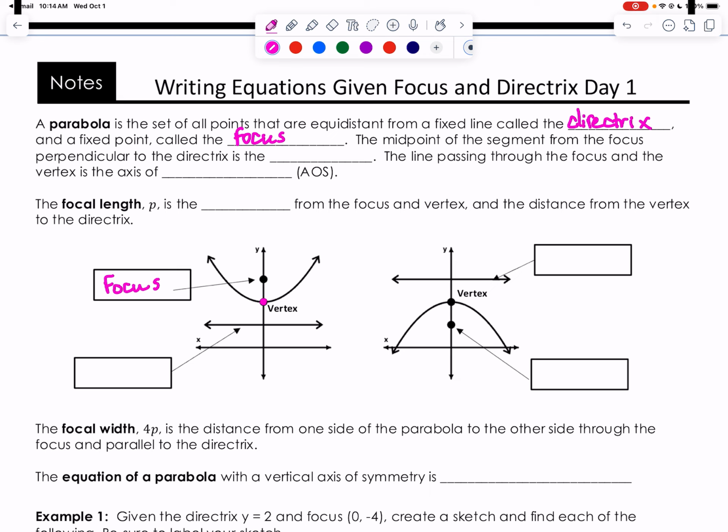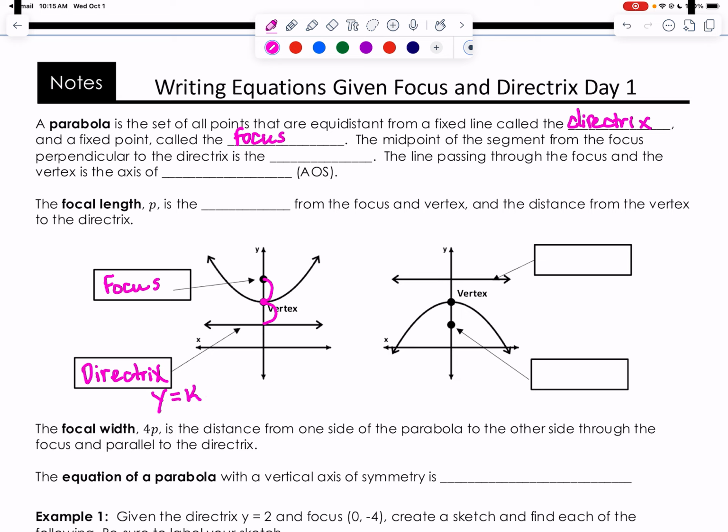And then the distance between the vertex and the focus point is the same distance from the vertex to a line called the directrix. Now, if your parabola opens up or down, your directrix will be a horizontal line, y equals k. So you might want to write that formula down.